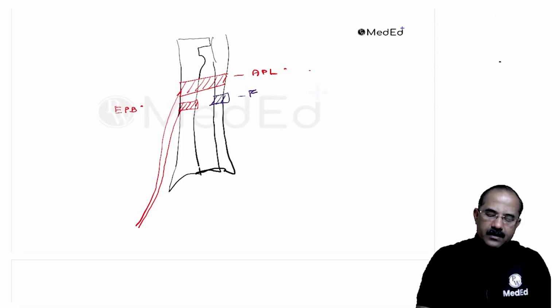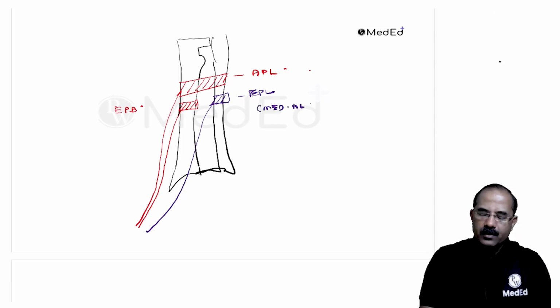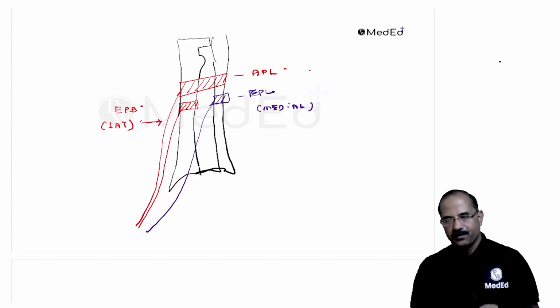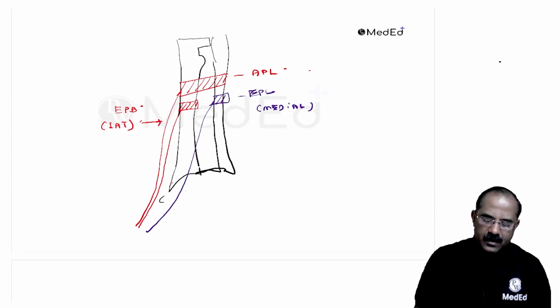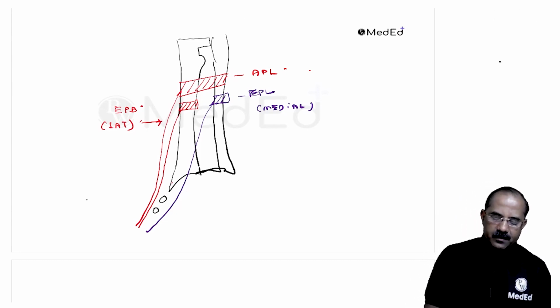This is the extensor pollicis longus, and this extensor pollicis longus is going to form the medial boundary of the snuff box. Perfect. The floor of the snuff box is formed by the styloid process of radius, scaphoid and trapezium.